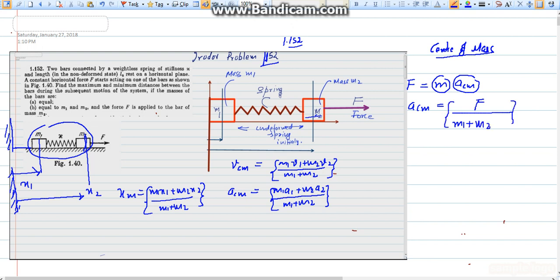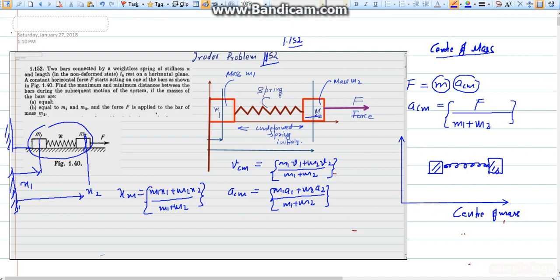So if we look at this system in the frame of reference of center of mass, we can draw it like this. These two masses being seen, this is the frame of center of mass, and these are the ends of the spring.